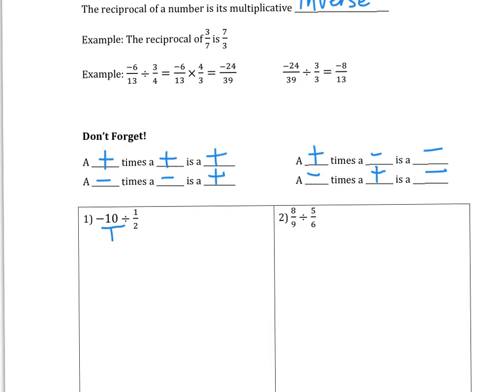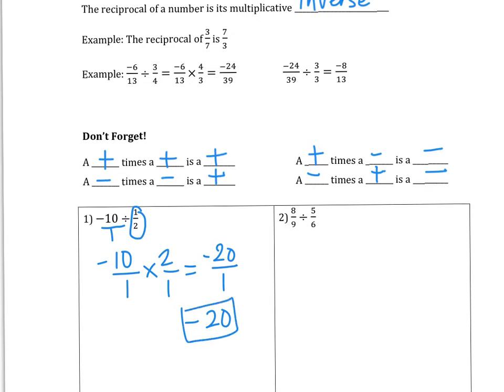I'm dividing, so I change my division sign to a multiplication, and multiply by the inverse of this number, standing on its head. Now I just multiply straight across. So it's -20 over 1, and that simplified is -20.